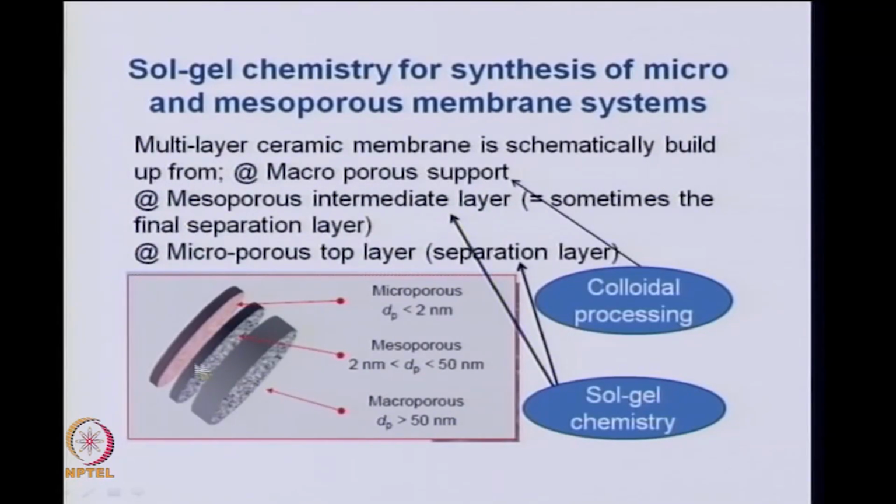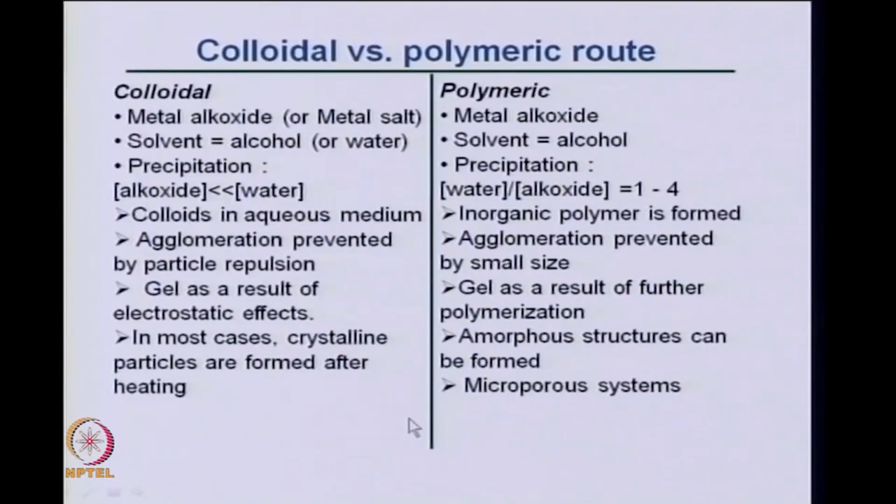So, together you see you can have a membrane which is made of all the 3 pore sizes. Here the pores are very small because it is microporous and it is less than 2 nanometers. Here it is mesoporous, so it is between 2 nanometers and 50 nanometers, and this is the macroporous layer which has pore diameters of around 50 nanometers or more.